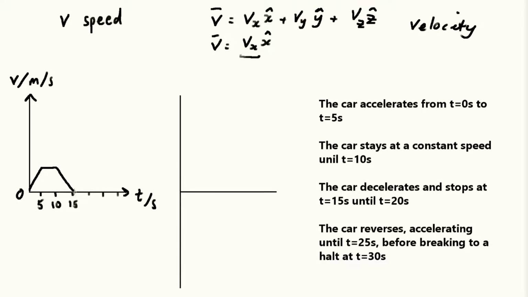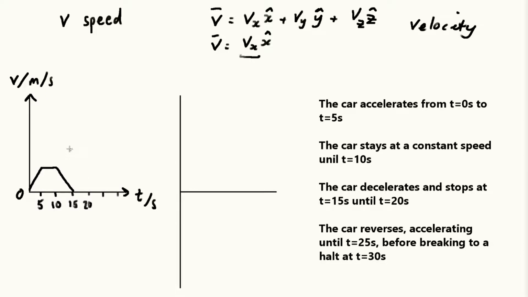The car then stays stationary until t equals 20 seconds, and so therefore the speed is still 0. After this, the car reverses, in which it accelerates backwards until t equals 25 seconds before immediately braking or decelerating before coming to a halt at 30 seconds.